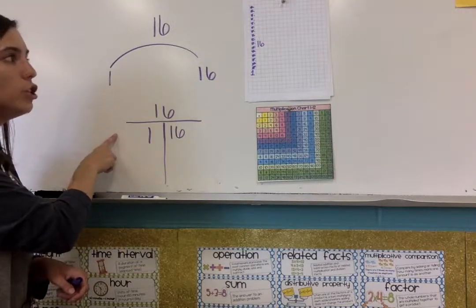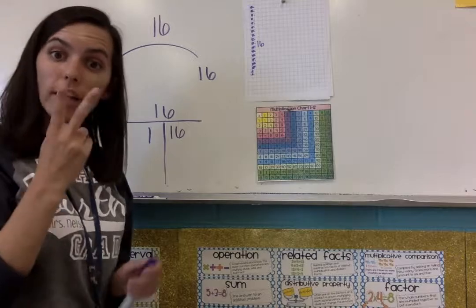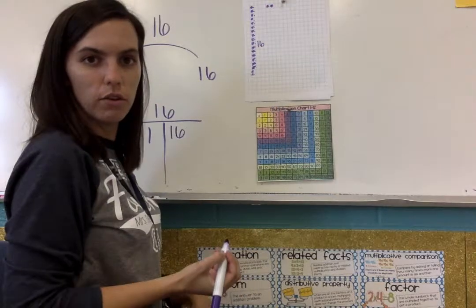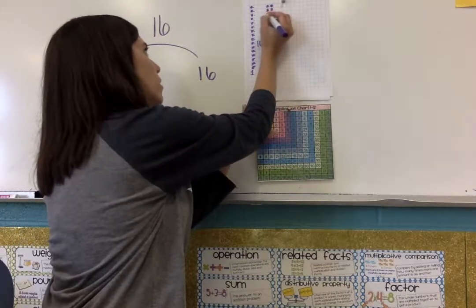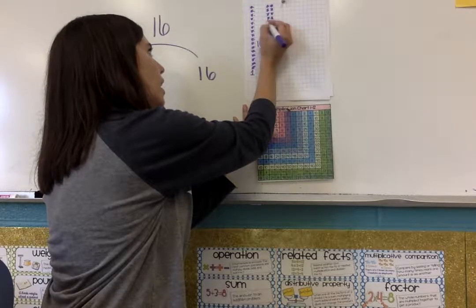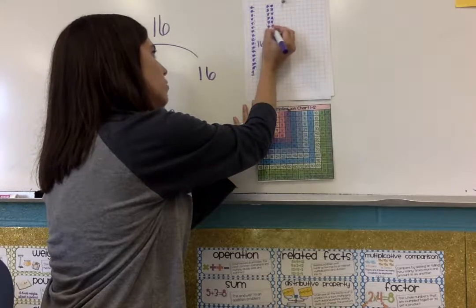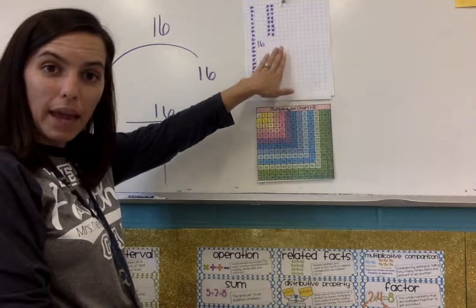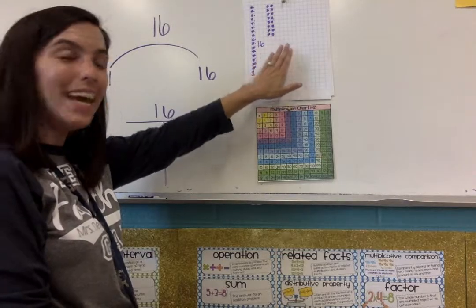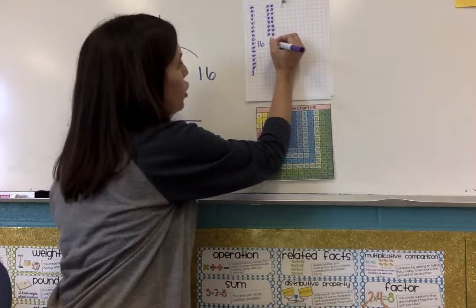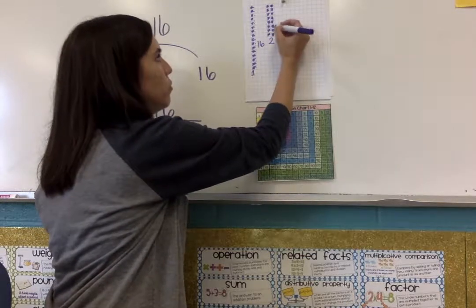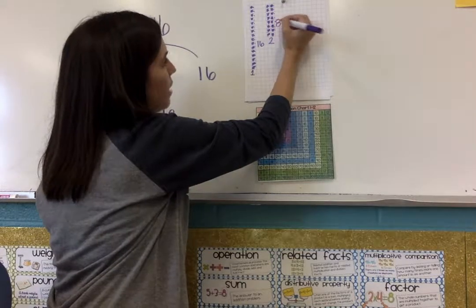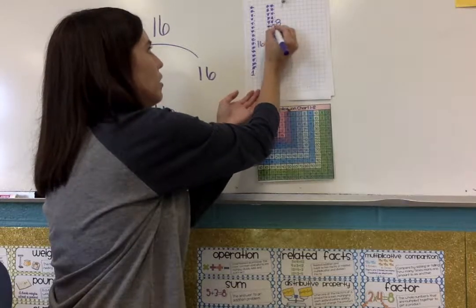I just showed 1 column, so let me try 2 columns this time. Do you see my 2 columns right there? 3, 4, 5, 6, 7, 8, 9, 10, 11, 12, 13, 14, 15, 16. Did this make an equal rectangle? It did. We would name this a 2 by 8 because it has 2 columns and 8 rows.